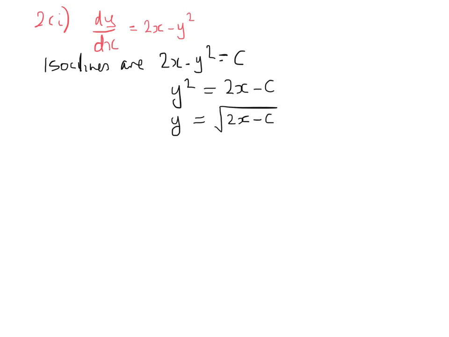The nullcline is y equals the square root of 2x minus naught, which is just root 2x, which is root 2 root x, which is actually y equals root x stretched by a scale factor of root 2.